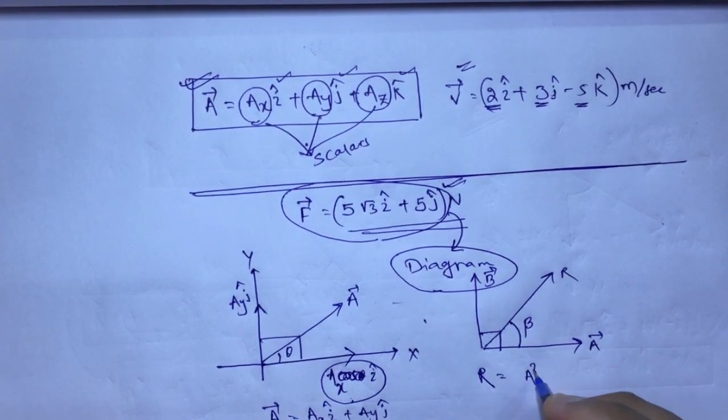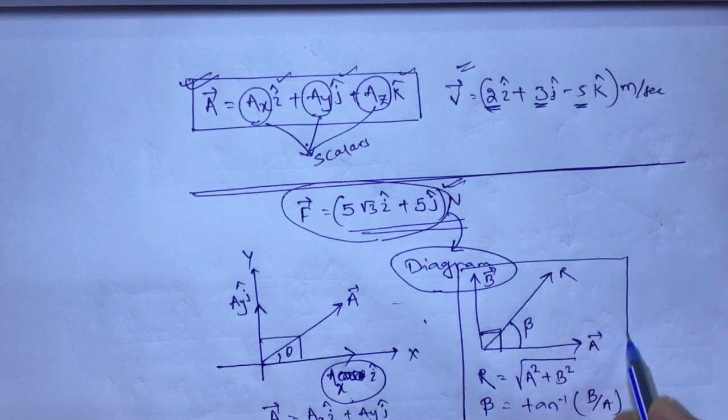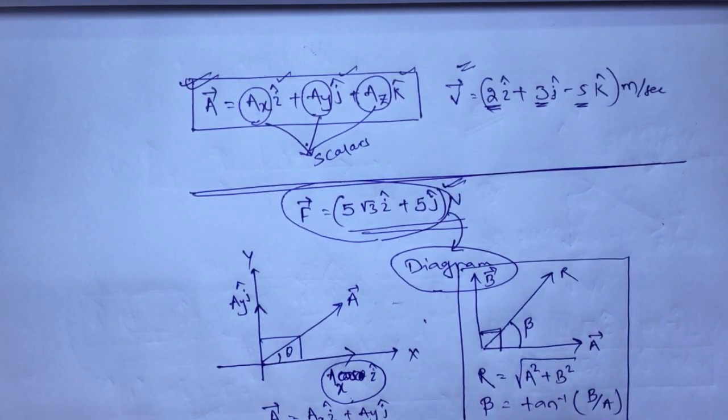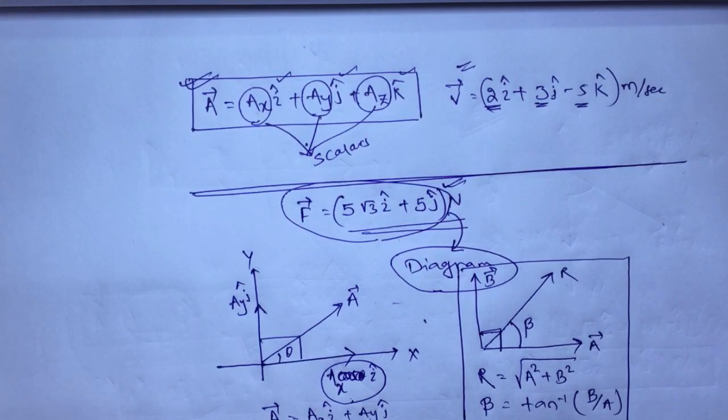R will be equal to square root of a square plus b square, because here this angle is 90, and beta equal to tan inverse of b by a. This was the special formula we have learned in the triangle law, or in parallelogram law also you can write the same formulas. If these are two vectors, then the resultant can be given by this and the direction of the resultant can be given by this.